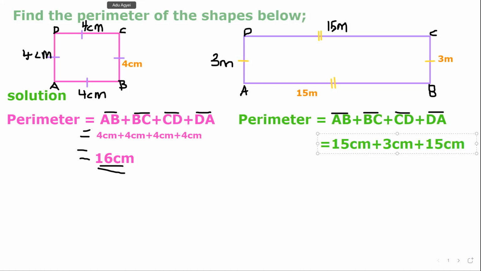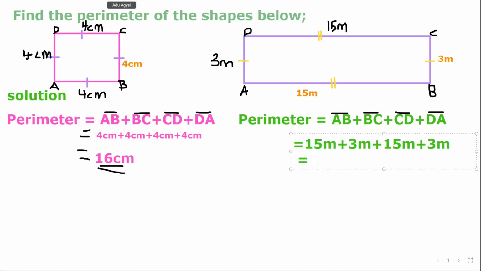No, this one is in meters. Okay, so meters. And then the last one is plus 3 meters. Okay, good. 3 meters.